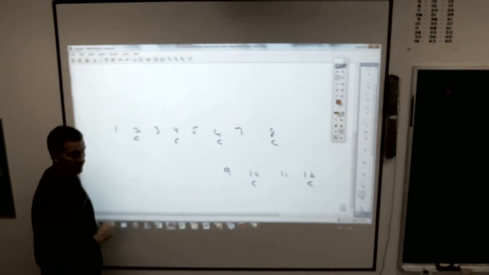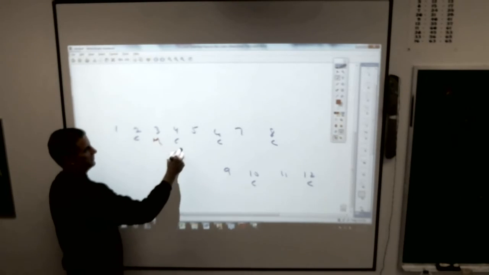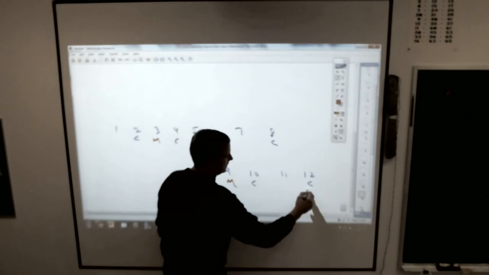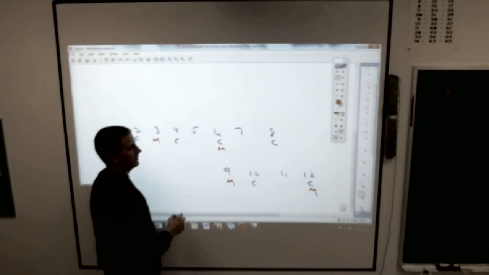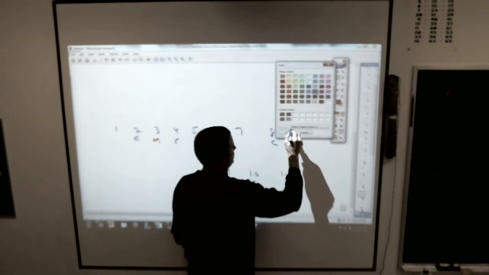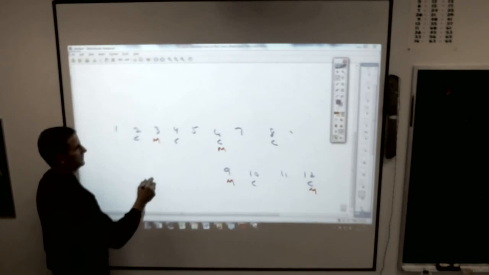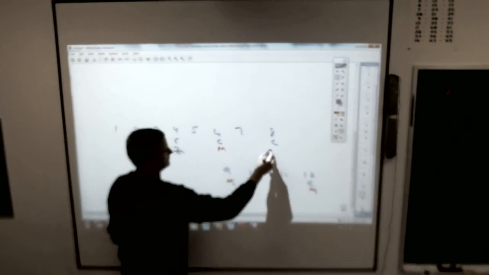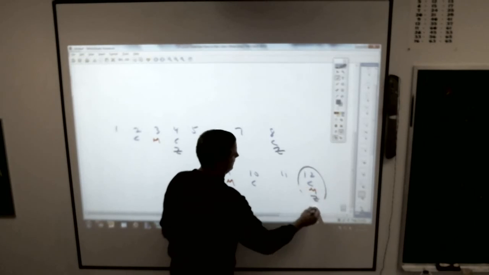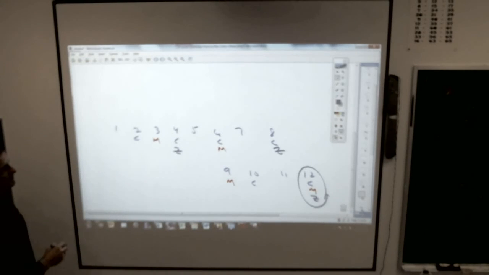Madison gets her haircut on every 3rd day, right? Who's my 3rd person? Zach. Zach gets his haircut every 4th day. All 3 of them on the 12th day will be getting their haircut because that's the only time it matches up.